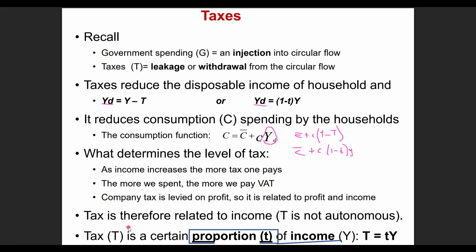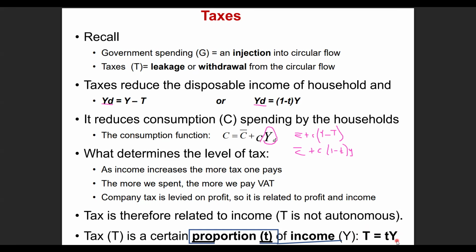Tax T is a certain proportion t of income, and to calculate taxation collected in the economy, you say T equals tY. This small t is the tax rate that is paid with every level of income earned. So to calculate the total tax collected, you say small letter t times Y, which is income.